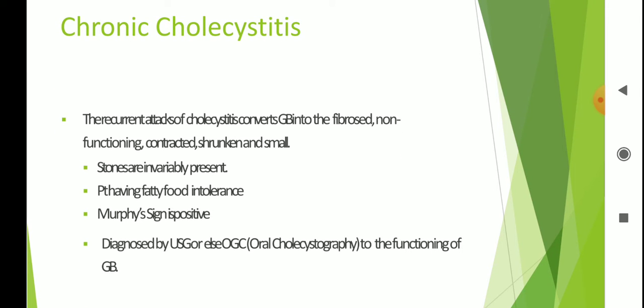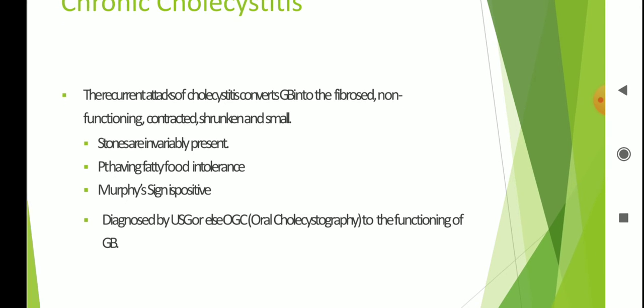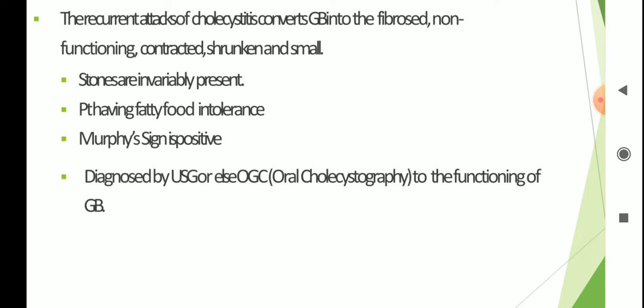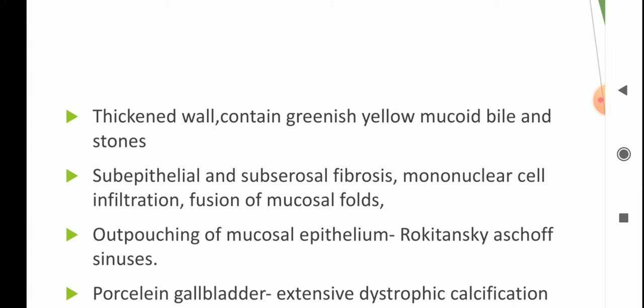Chronic cholecystitis, as the name indicates, means chronicity, with recurrent attacks of cholecystitis. The gallbladder becomes fibrosed, non-functioning, contracted, shrunken, and small. Patients may have fatty food intolerance and a positive Murphy's sign, diagnosed again by ultrasonography or oral cholecystography to assess the functioning of the gallbladder.